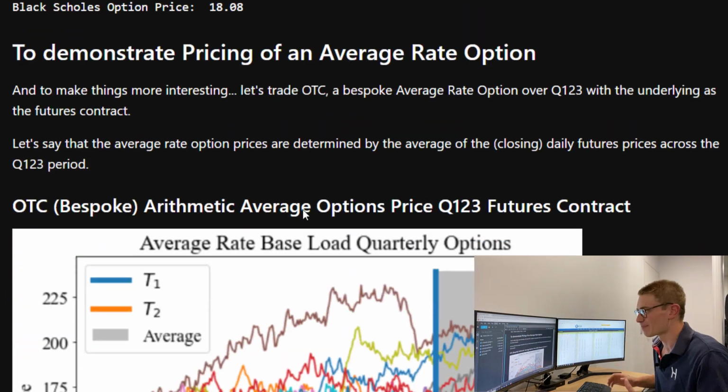Now, to make this more interesting and to demonstrate the price of an average rate option, because some futures are not pegged to the arithmetic average like the Australian electricity market futures, let's say that we're going to trade over the counter a bespoke average rate option over this Q1 23 period with the underlying as the same futures contract. Now let's say that the average rate option prices are determined by the average of the daily futures across the Q1 23 period.